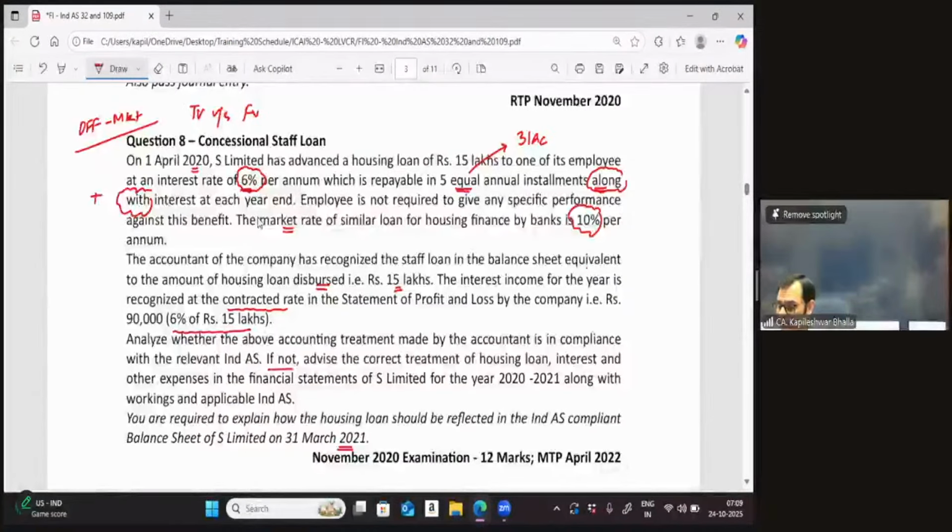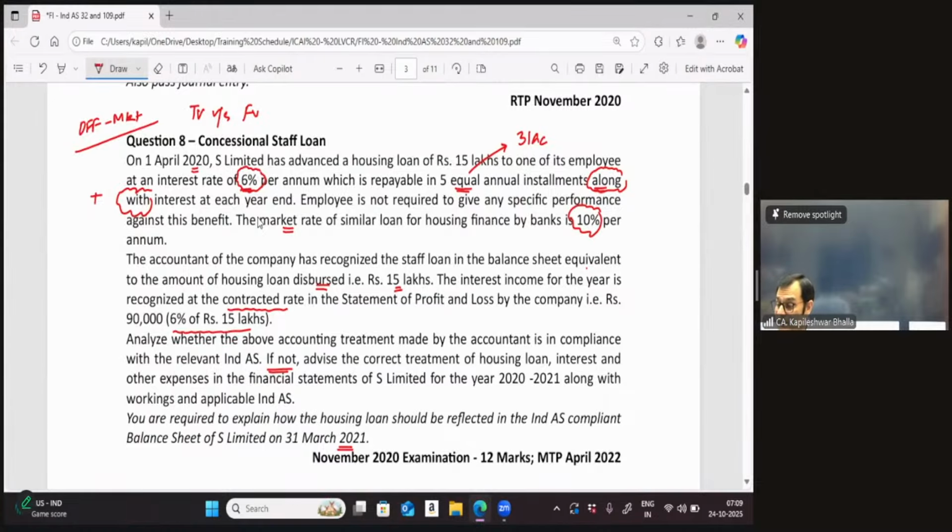If not, I will always tell people that when you read the question, many a times the input in the question is telling you what is incorrect. It very clearly says whether the accounting treatment is correct or not, and if not, that is implied it is definitely not.